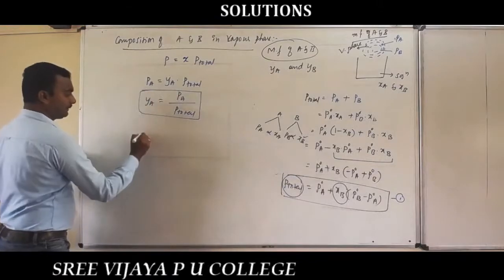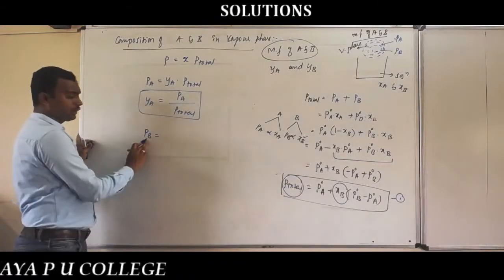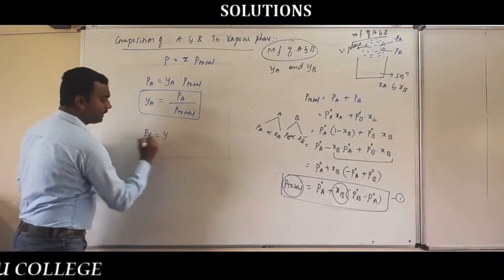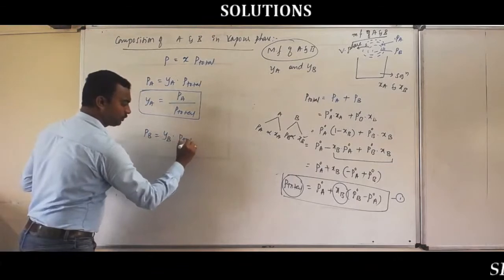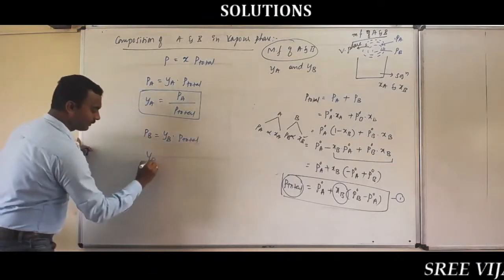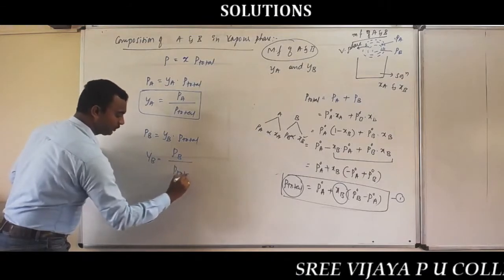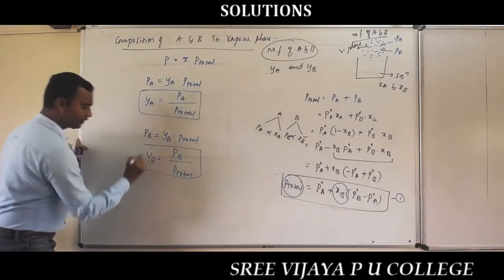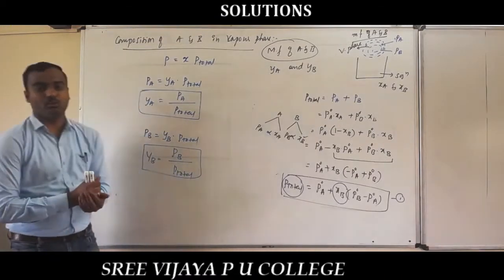And similarly, applying to B: PB, the partial vapor pressure of component B, is equal to the mole fraction of component B in the vapor phase into P total. So again, YB is equal to PB divided by P total. This is one more equation to calculate the mole fraction of component B in vapor phase.